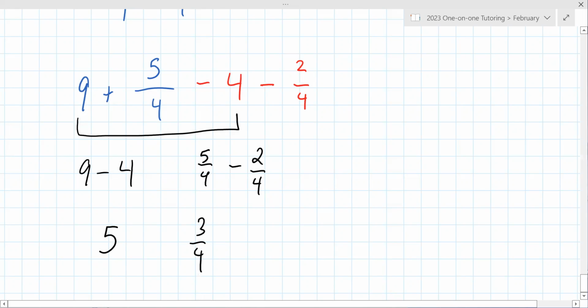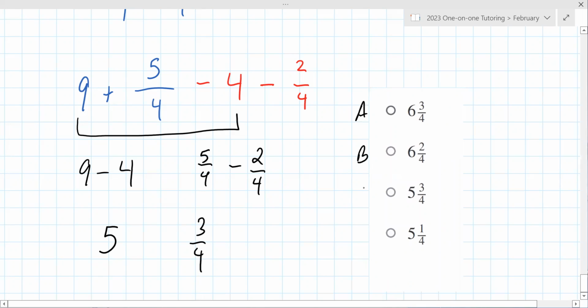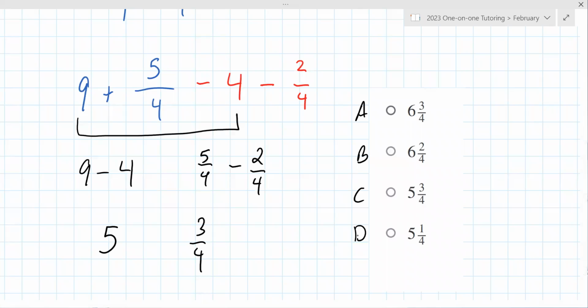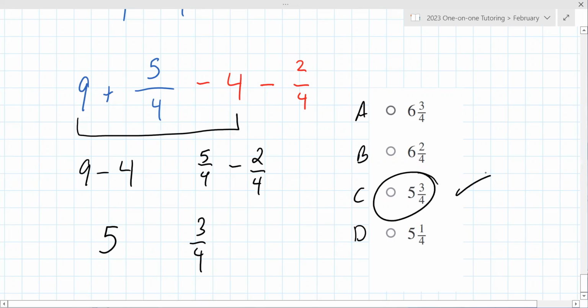And this is your final answer, 5 and 3/4. So in terms of your answers here, I'm going to snip those in. Which is the correct answer? A, B, C, or D? Which is the correct answer? Number C. Yes. Letter C. Very good.